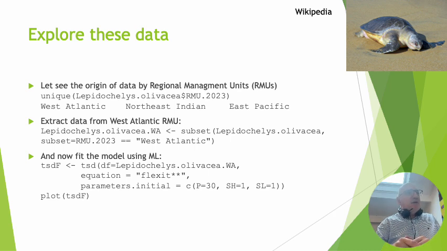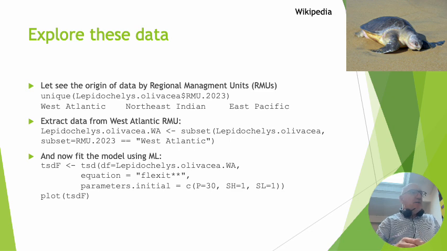We see that we have 3 RMUs with information: West Atlantic, Northeast India, and East Pacific. We will work in the first example only with the West Atlantic RMU. Let's extract from Lepidochelys.olivacea only the data with RMU 2023 being West Atlantic.